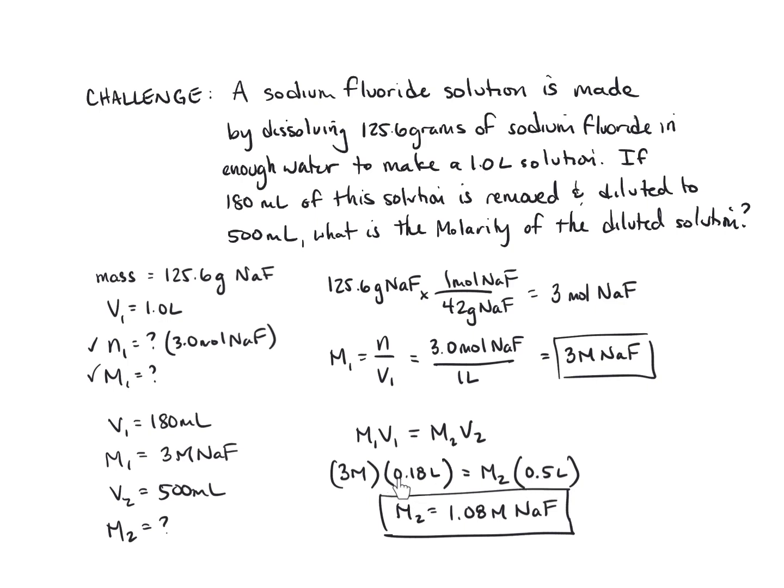If you want to leave it in milliliters, that's fine too. It will work because they're on opposite sides of the equation, so they're just going to cancel each other out when you divide them. So it's kind of your choice. Practice with these. This is basically how you're going to be dealing with it, solving for molarity, solving for volume. But overall, it's just using the same equation.